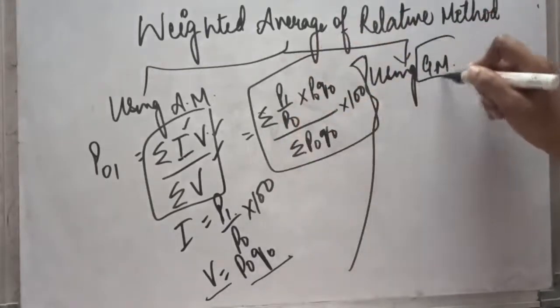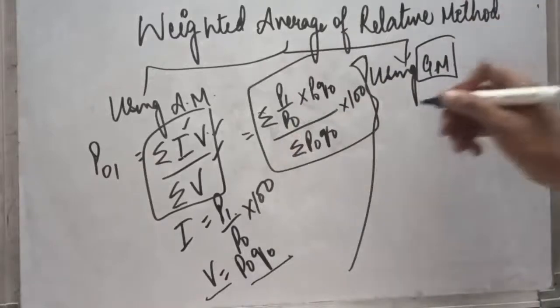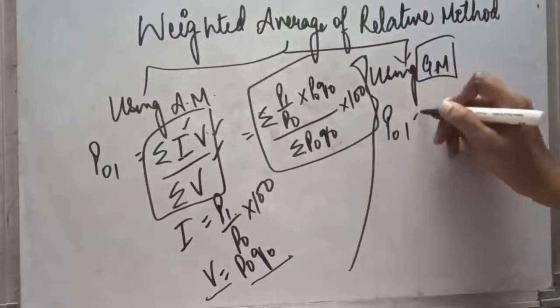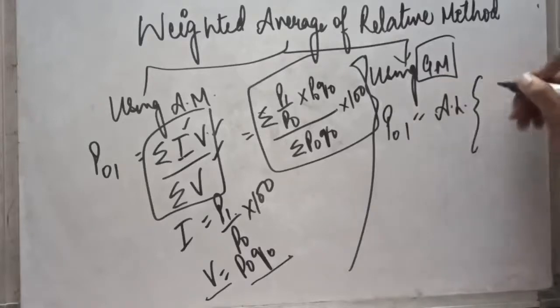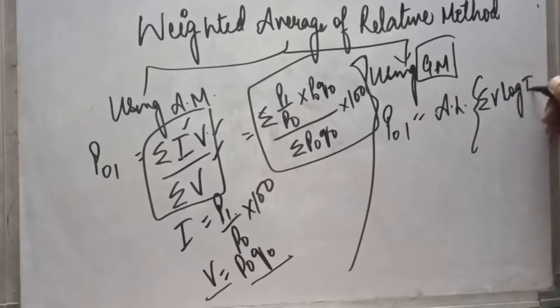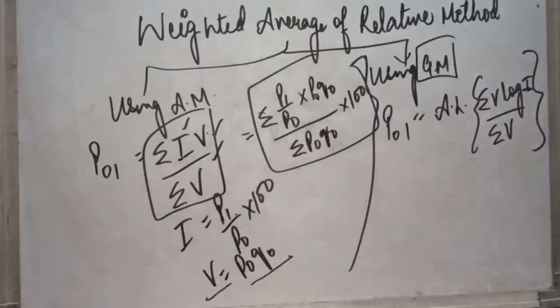But when you have been told to apply the geometric mean, in that case our price index will be the antilog of sigma V log I divided by sigma V. So this will be the formula in case of the geometric mean.